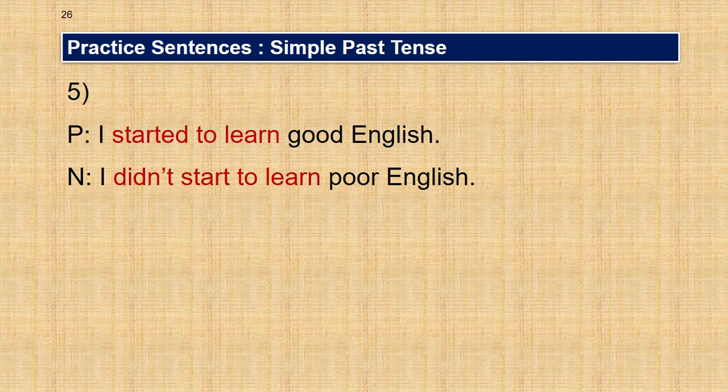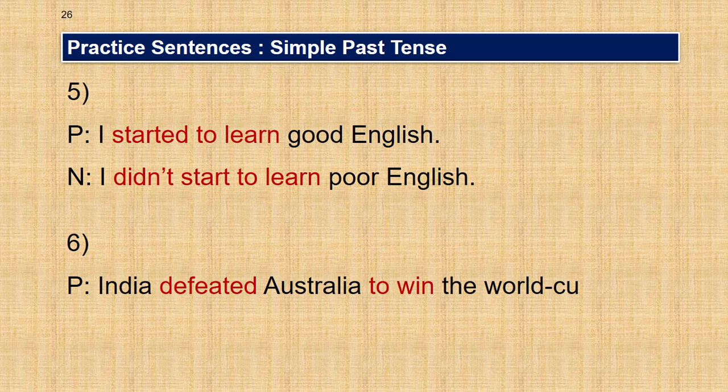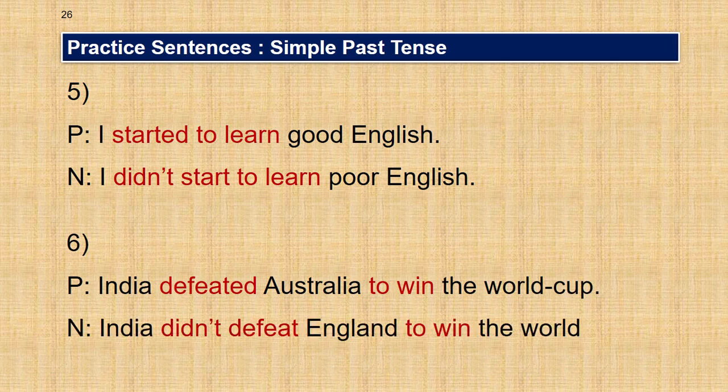So here we have the fifth sentence: I started to learn good English. Negative sentence: I did not start to learn poor English. Sixth is on the way: India defeated Australia to win the World Cup. India did not defeat England to win the World Cup.